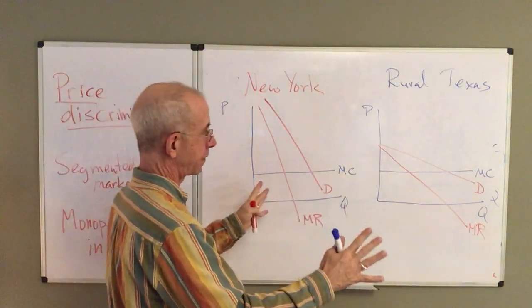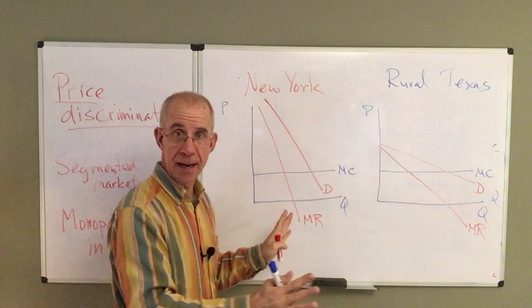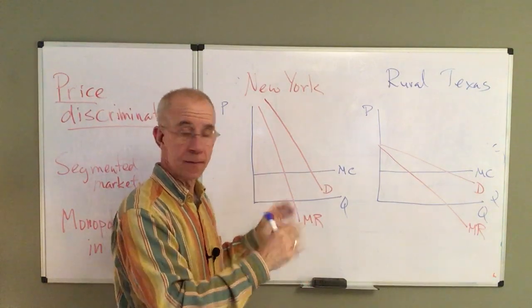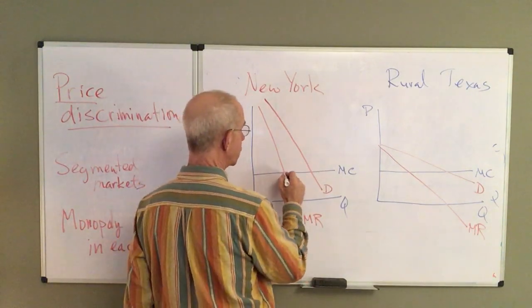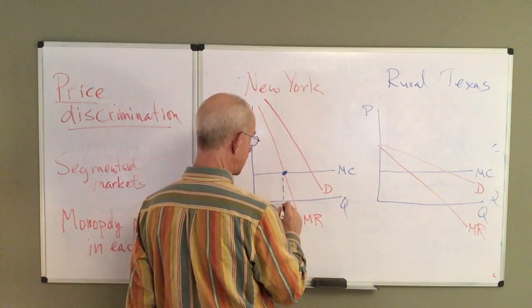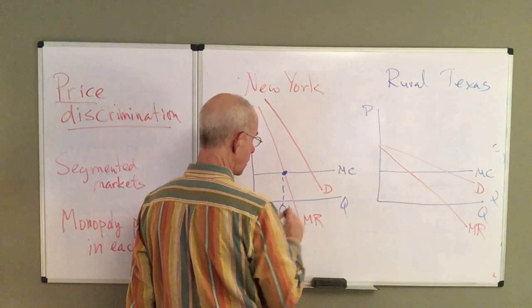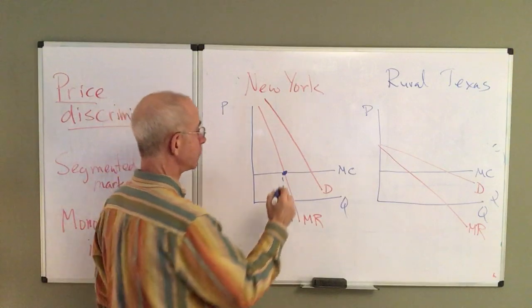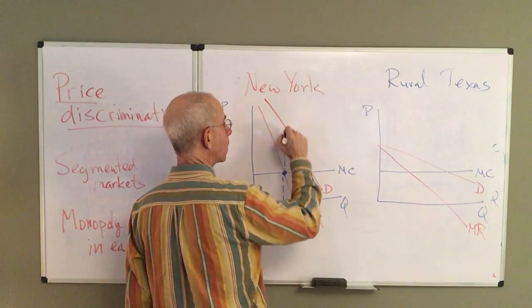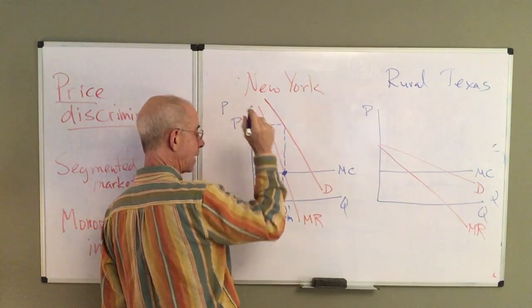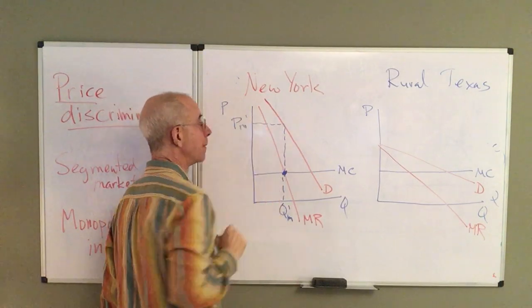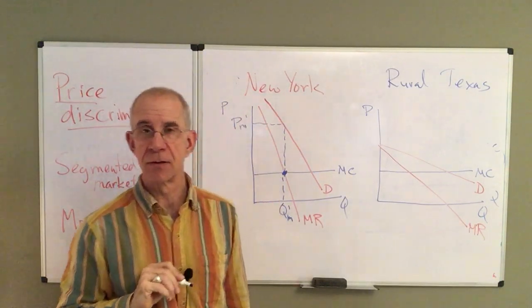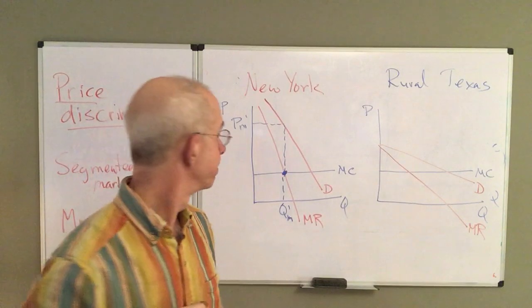So the firm, looking at these two demand conditions in the two different markets, will choose where marginal cost equals marginal revenue in New York. And there's the monopoly price in New York City.